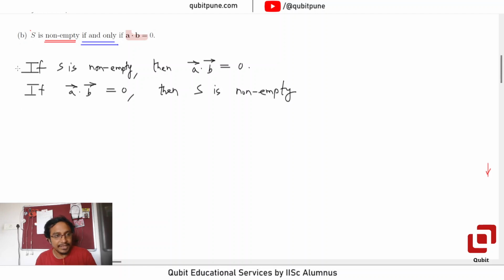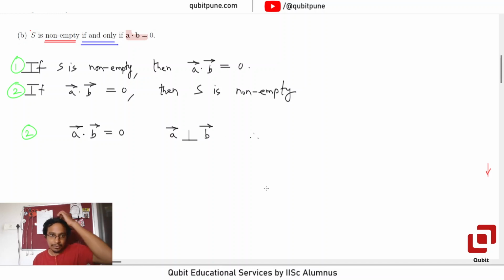To prove the second statement, let us start with a bar dot b bar equal to 0, and none of them is a null vector, so a bar is perpendicular to b bar. So we can definitely express b bar as a bar cross some vector v bar.